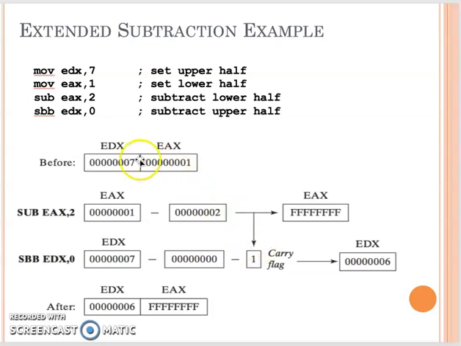In order to reflect from the EDX, the previous 32-bit operand carried 1 to the lower 32-bit operand. So that's why the second one, instead of SUB, we need to use SBB. So EDX, besides subtracting the operand if they have one, will also include the carry flag value to subtract.